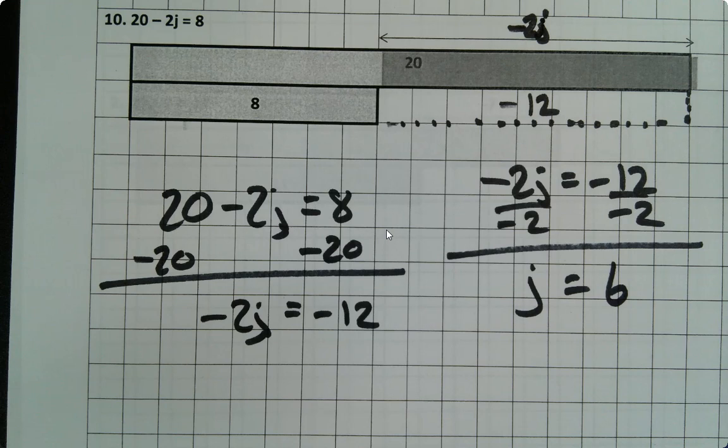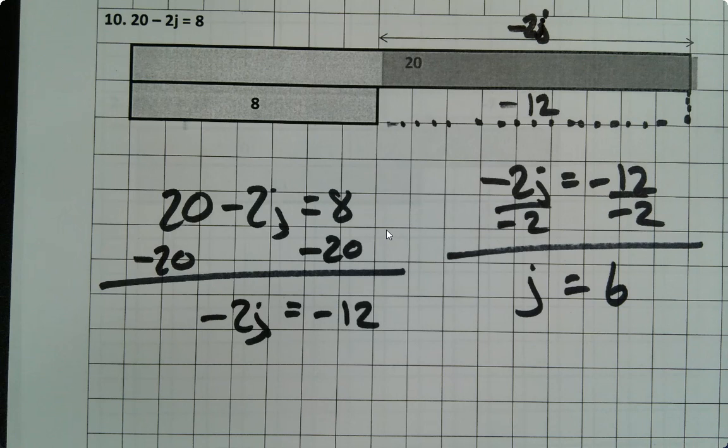And what are we doing with this part of the paper? We're taking it away. What mathematical operation does it mean to do when we are taking something away? Subtraction. That's why we had to represent it as a -12. That's why we represented it with a -2j. We are taking it away. We're leaving the 8. We're not even going to mess with the 8. We're only dealing with the negative part of the equation.